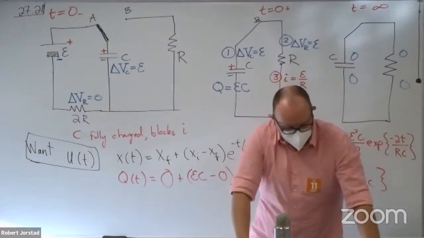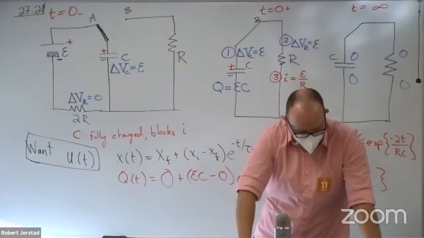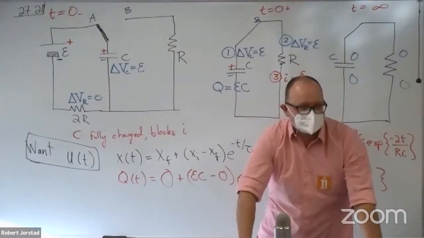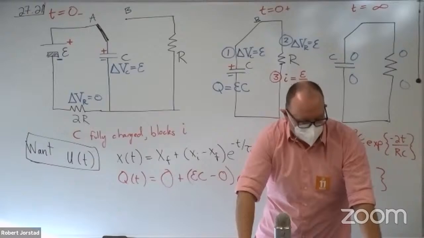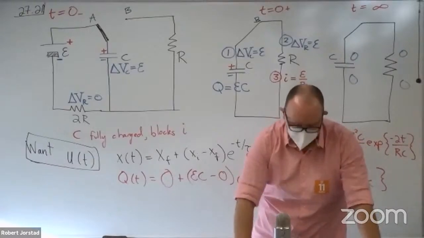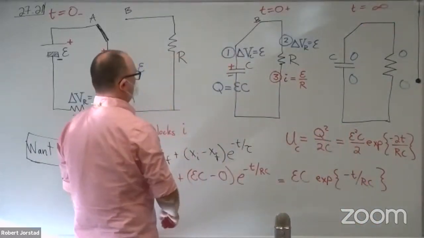Take a look at problem 27.22 in your workbook. Is that the same problem, basically? What's different about that problem in 27.22? For reference, I'm going to draw it up here.